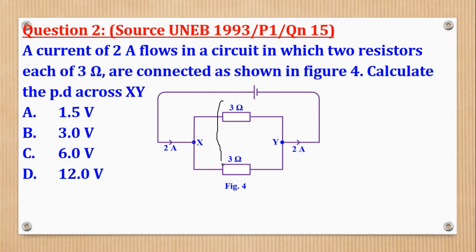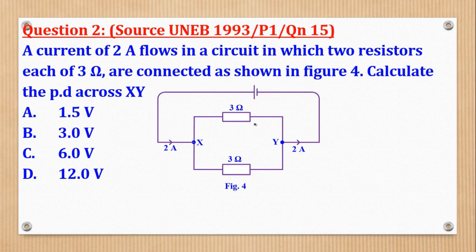So these resistors are in parallel because at this point current divides. So what we need to know is that this is the total current, and the PD across this is equal to the PD across this, and is equal to this source PD, or the total PD. So what they want is the value of the total PD.